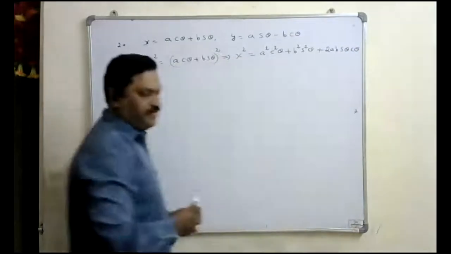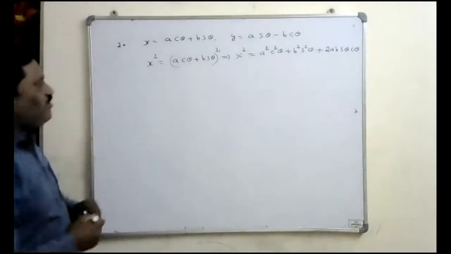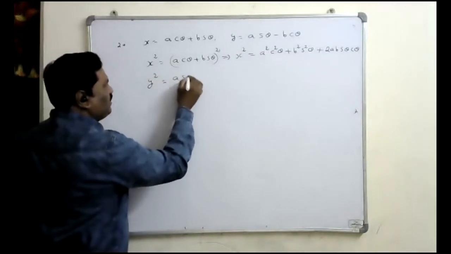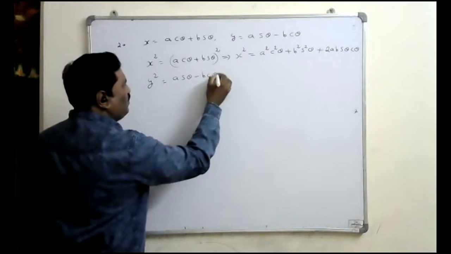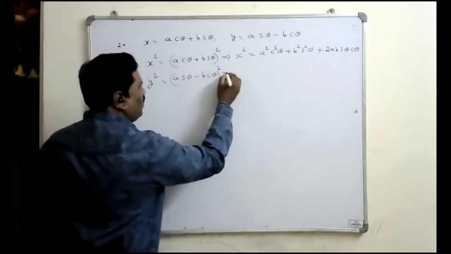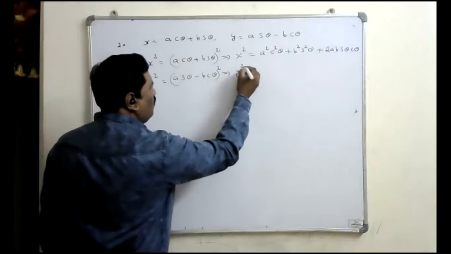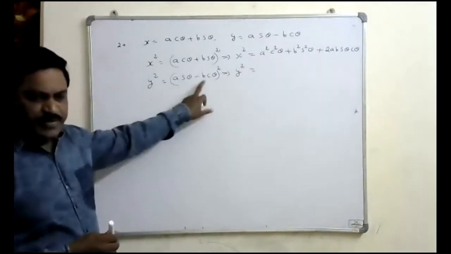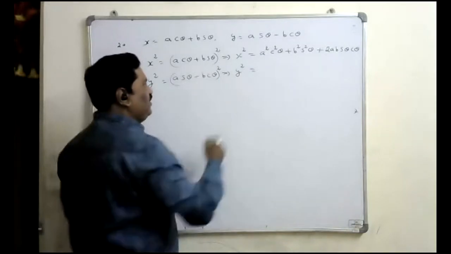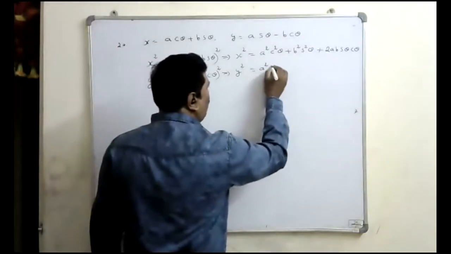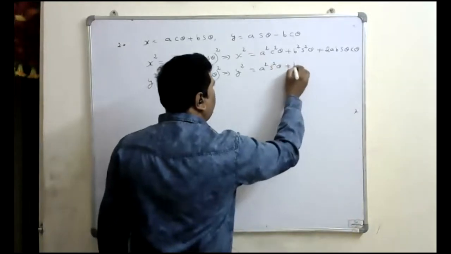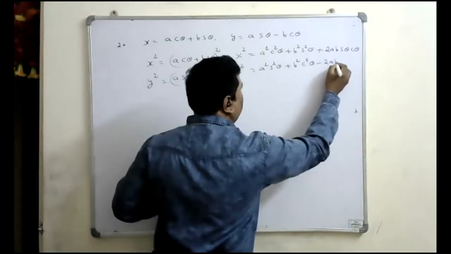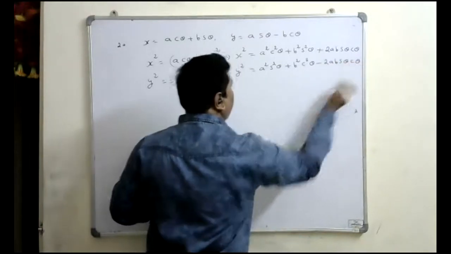Similarly, square the second equation also. y square is equal to a sin theta minus b cos theta whole square. If you expand it, this is in the format of a minus b whole square: a square sin square theta plus b square cos square theta minus 2ab sin theta cos theta. This is what we are getting.